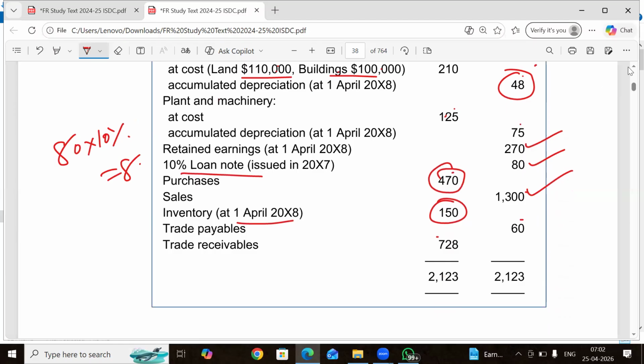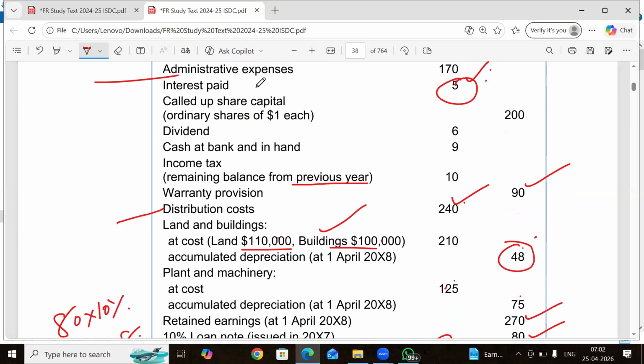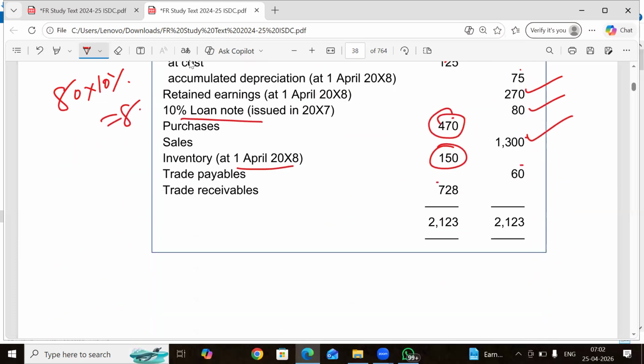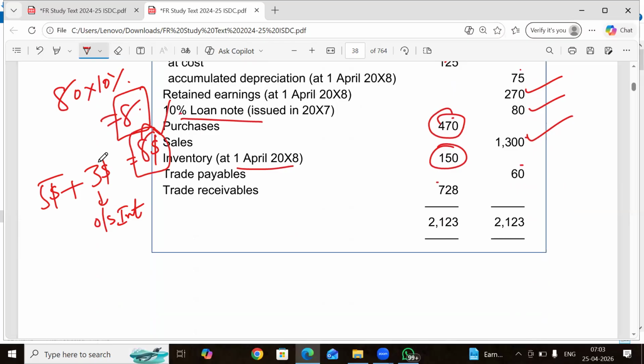So what we are showing, we have paid the interest of $5. Actually, we have to pay $8. So $5 we have paid, $3 is outstanding interest. That means actually $8 is to be paid. So we'll show $8 expense. $3 will show on the liability side of the balance sheet.